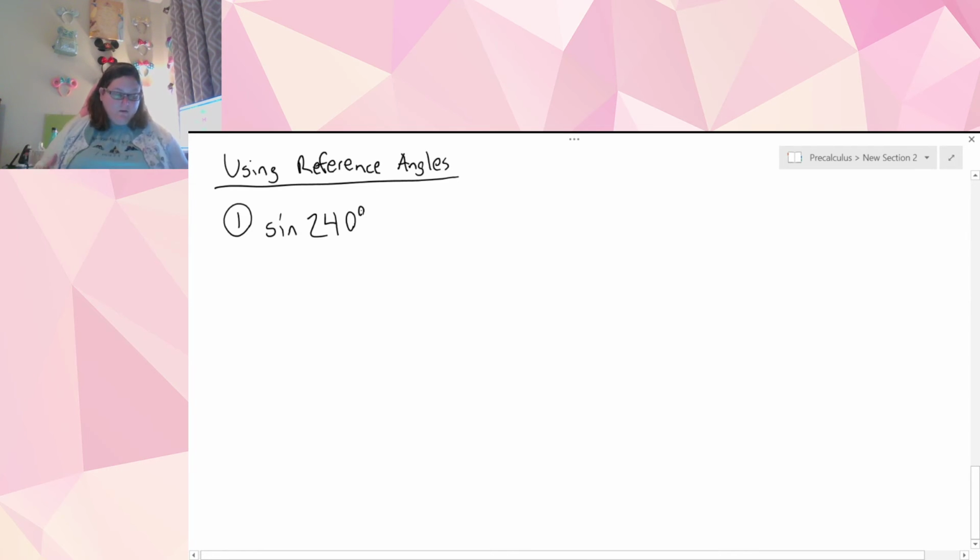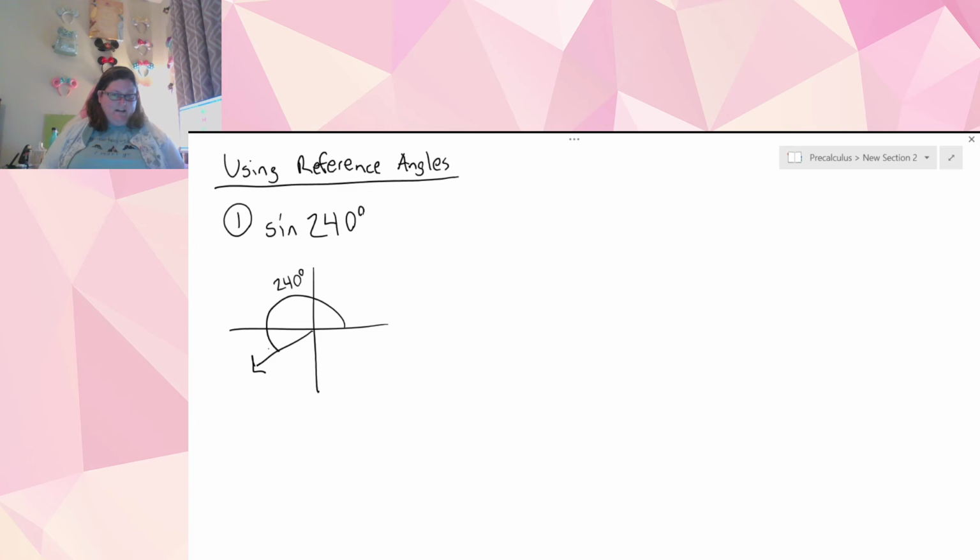So first thing I want to look at is where 240 is located. It's greater than 180 but less than 270. So 240 is located in my third quadrant. Okay, so that means that when I set up my triangle, my signs are going to be a little different.